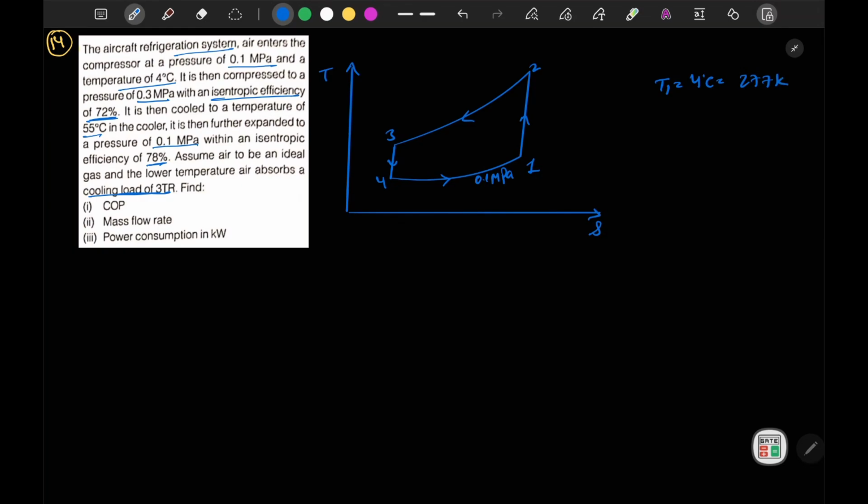The next point, after the compressor, is at a pressure of 0.3 megapascal, and one more thing, it is mentioned that isentropic efficiency is 72%. So for the compressor, this point will become 2, and this will be our 2s.